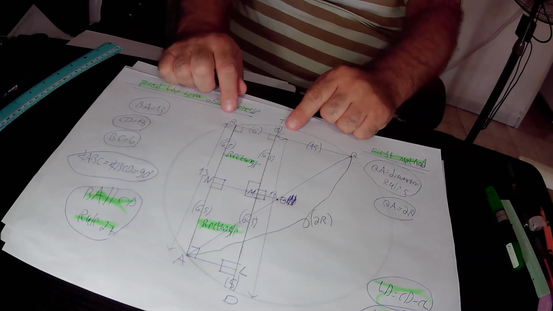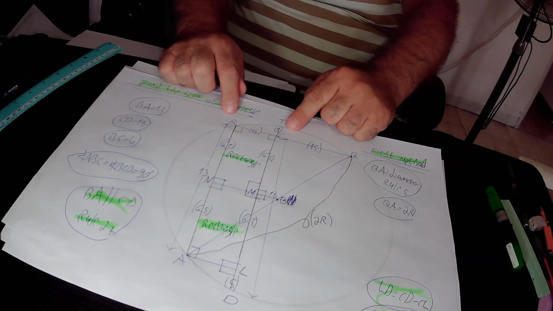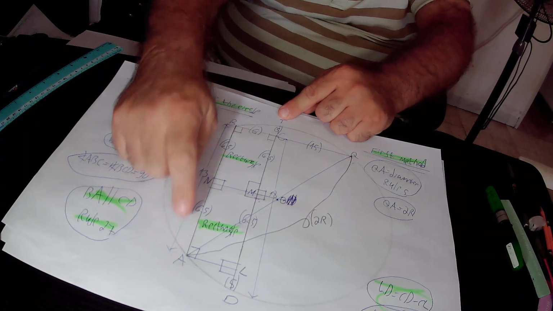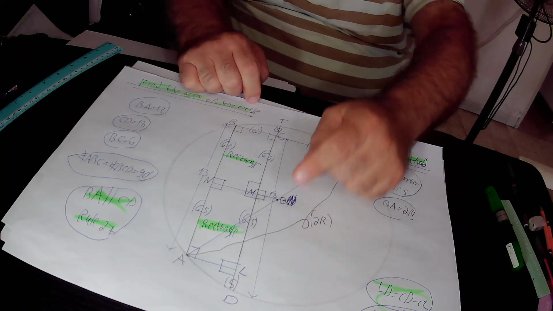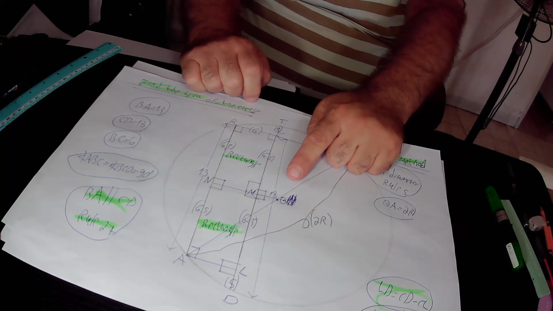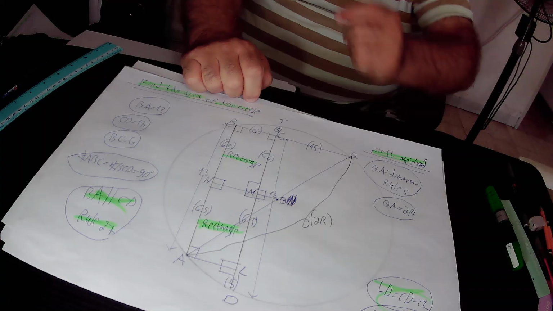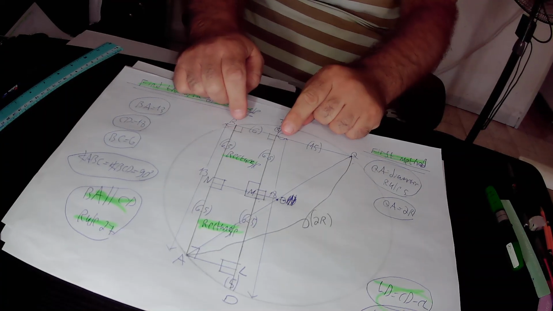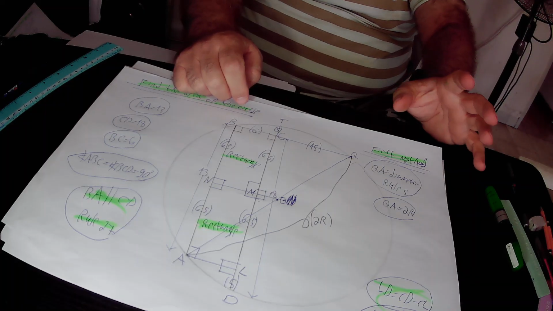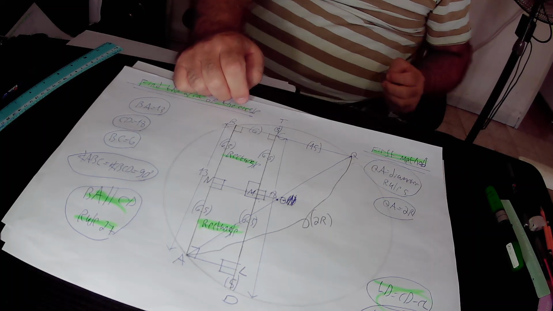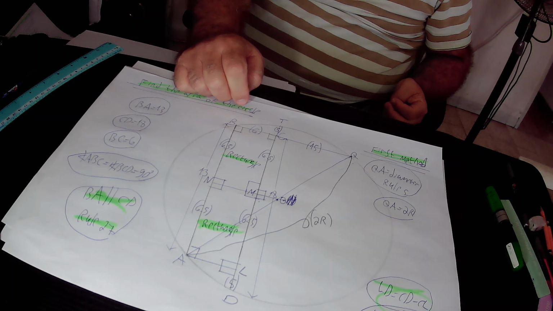BC equals 6 units in its length. This is BA, that equals 13 units in its length. This is CD, that equals 18 units in its length. Those two angles are both equal to 90 degrees. Again, our task is to find the area of this circle.